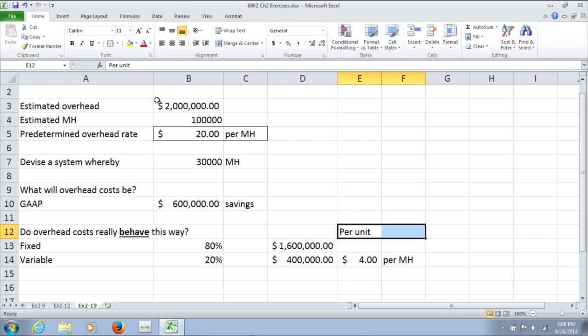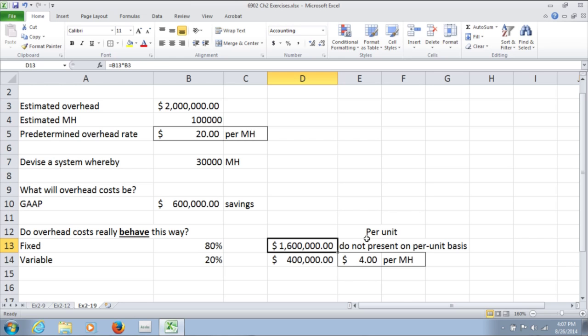So we should merge and center these two and then put this in our box here. It's inappropriate to present fixed overhead on a per unit basis.